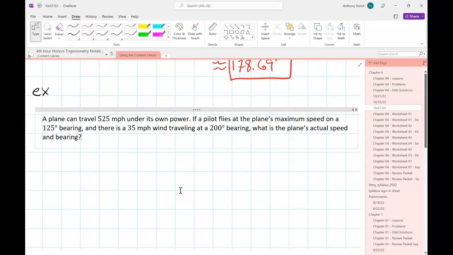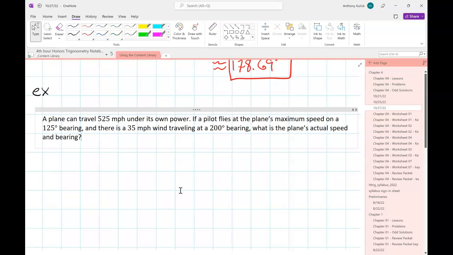The next one says a plane can travel 525 miles per hour under its own power. If a pilot flies at the plane's maximum speed on a bearing of 125 degrees, and there's a 35 mile per hour wind traveling at a 200 degree bearing, what is the plane's actual speed and bearing?